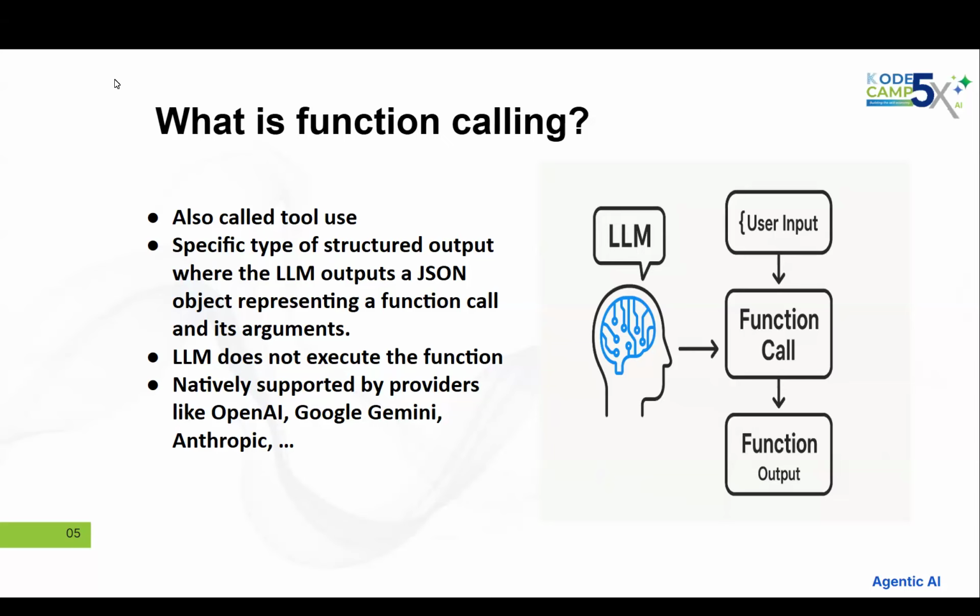The LLM's responsibility in this case is just to determine whether a function should be called, which functions should be called, and which arguments it should be called with. Does that clarify? Does that adequately answer your question?